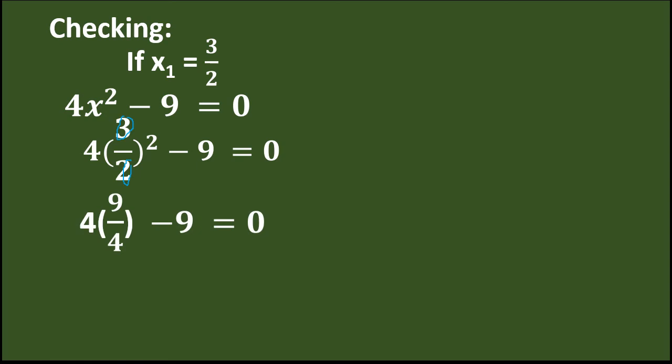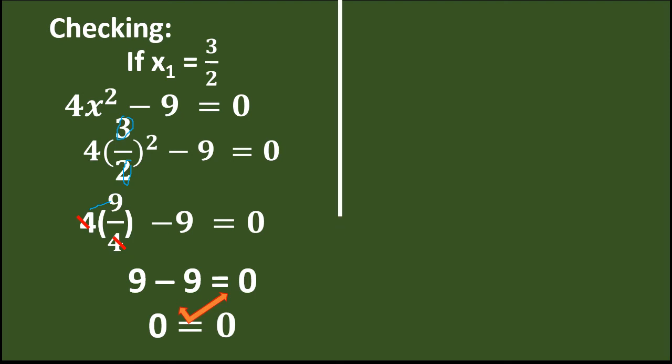After that, we can cancel 4 and 4. Or you can also do the proper way: 4 times 9, that is 36, divided by 4, that is also 9. So it will become 9. Bring down negative 9 equals 0. 9 minus 9 is equal to 0. We have equal, meaning 3 halves will be accepted.